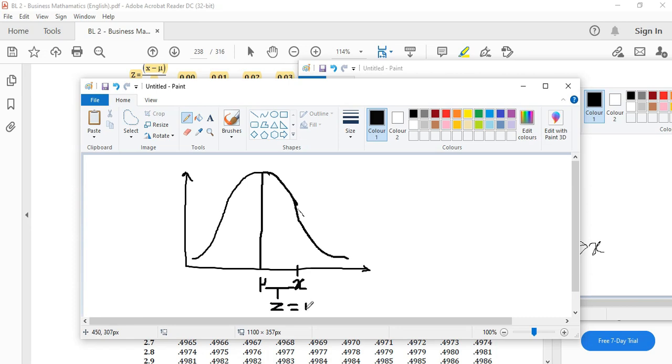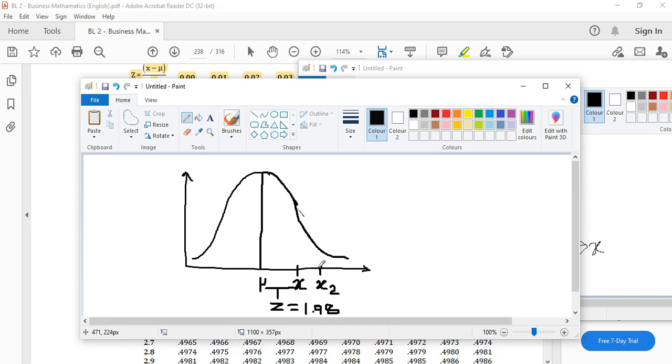Okay. Now if you take a graph paper, students listen well. If you take x2, the gap between x2 and the mean, the z value will be a higher value, right? Because the mean is here and x2 is here.